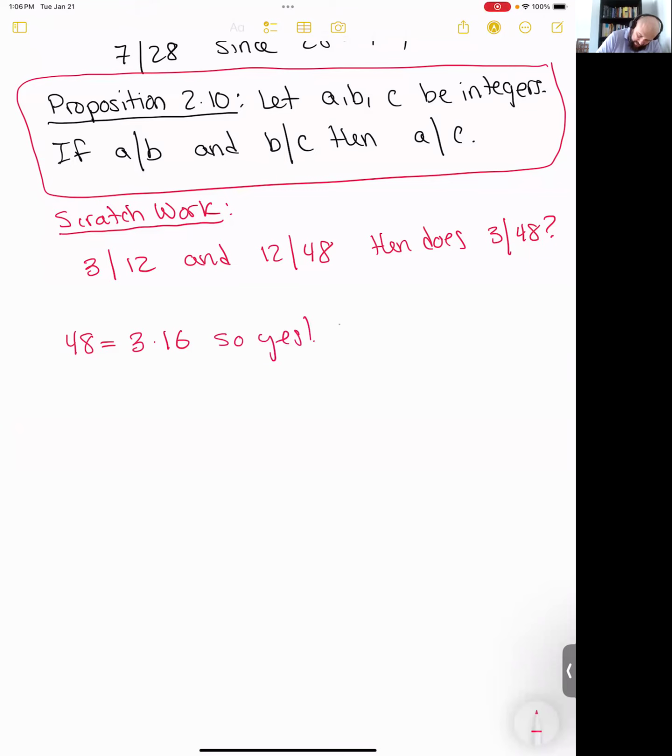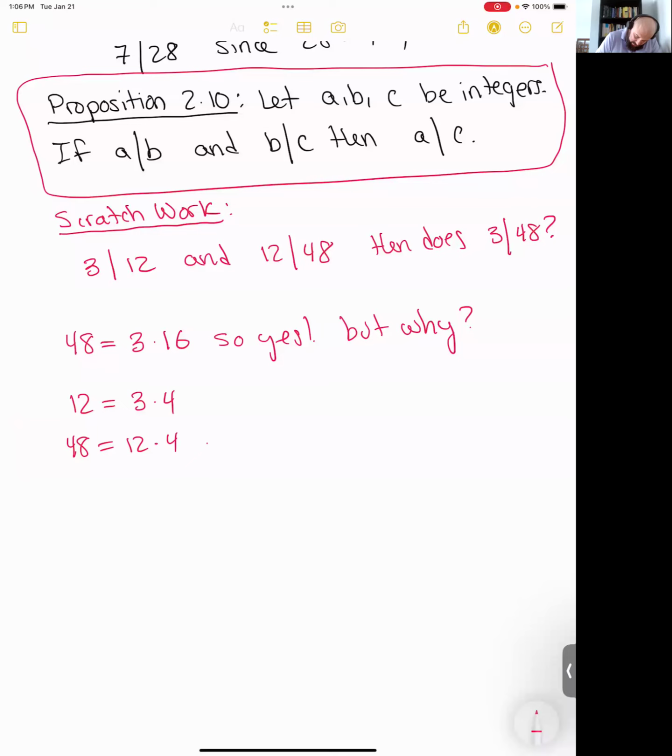Now that alone is not very helpful. So the question is why? First of all, 12 is equal to 3 times 4, and 48 is equal to 12 times 4.